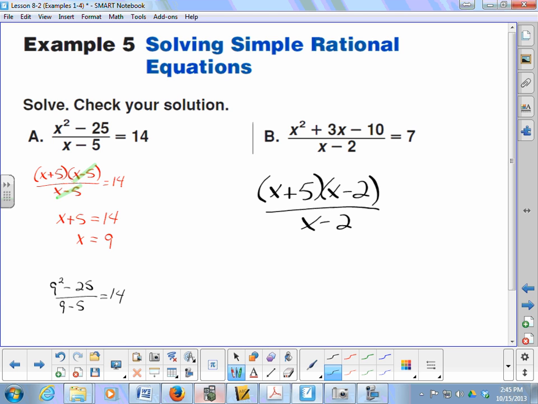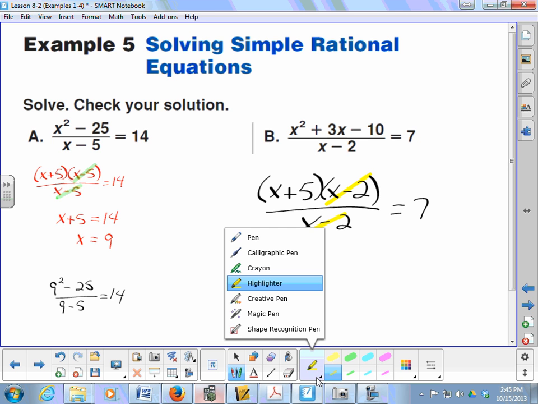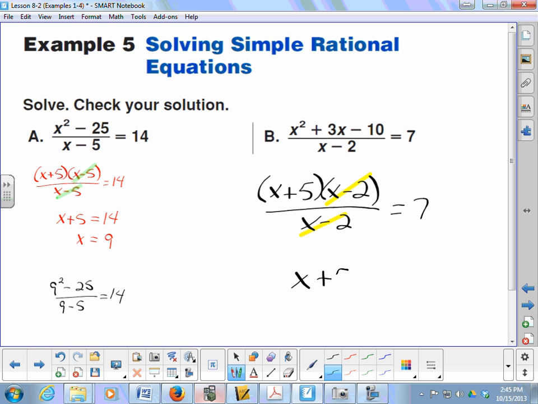Factors of negative 10 that add up to 3 are positive 5 and negative 2. So we can get rid of those x minus 2s. Once again, we have this nice simple linear equation that when we subtract we get x equals 2.